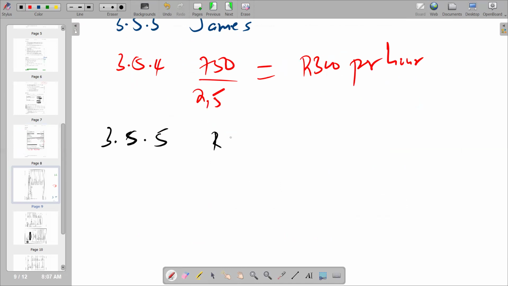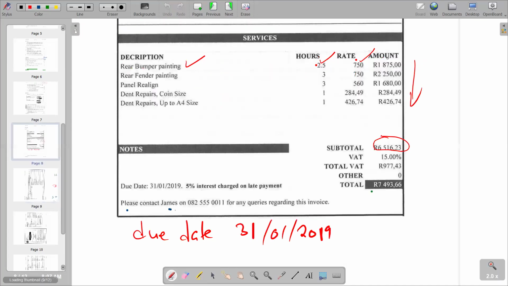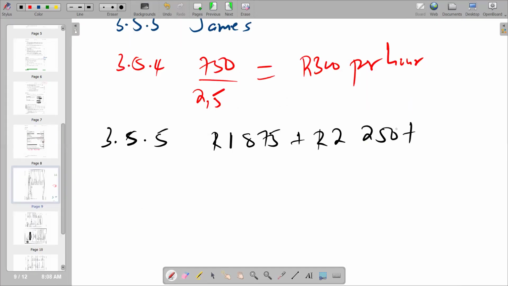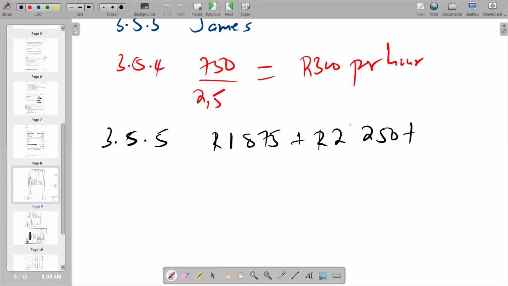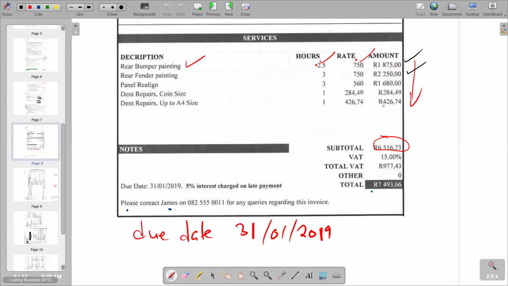So we are now on 3.5.5. So we're saying 1,875, we add 2,250, and then we get 1,680, and from there, we are supposed to get 284 rands 49 cents.